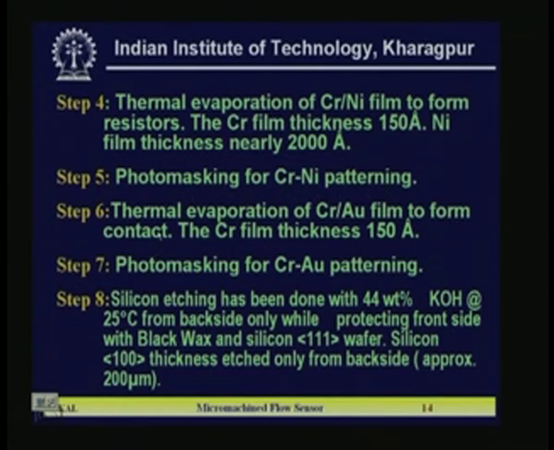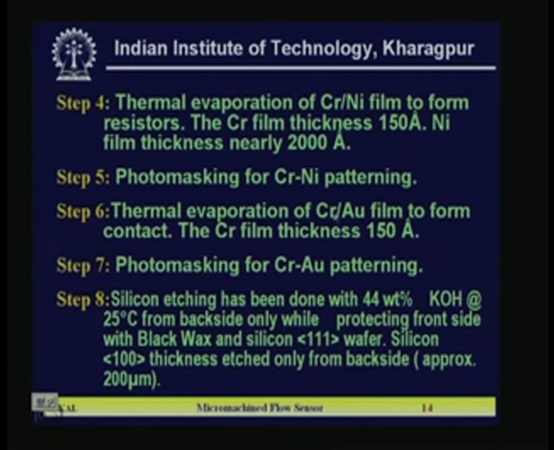Then step 6, thermal evaporation of chromium gold film to form the contact. This is the metallization, metal contacts. The chromium film thickness is 150 angstrom. As I mentioned, chromium is basically the adhesion metal for gold and nickel with silicon dioxide, and its thickness is very small, of the order of 150 angstrom.